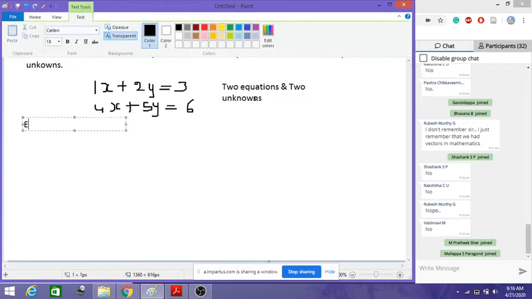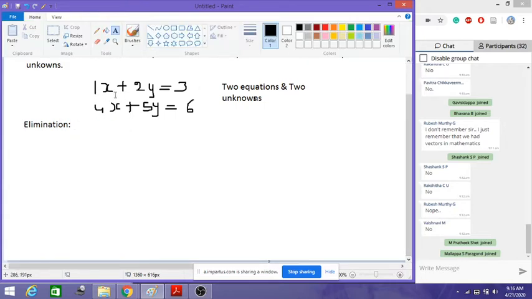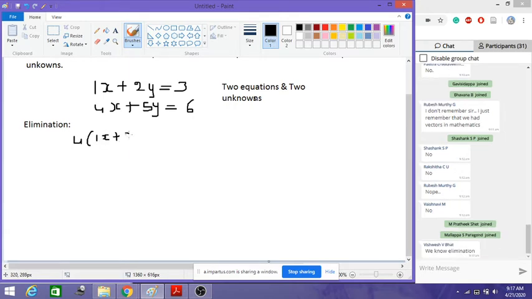You all know how to do this elimination method. To do the elimination method, we will look into the first equation here. We will multiply the first equation with 4 and then subtract this from equation 2. So let's see what we get here. Let me multiply 4 with the first equation, that is 1x plus 2y is equal to 3.